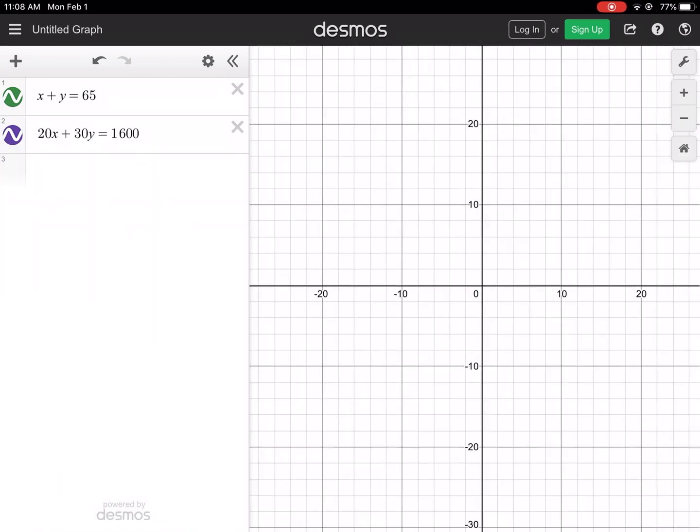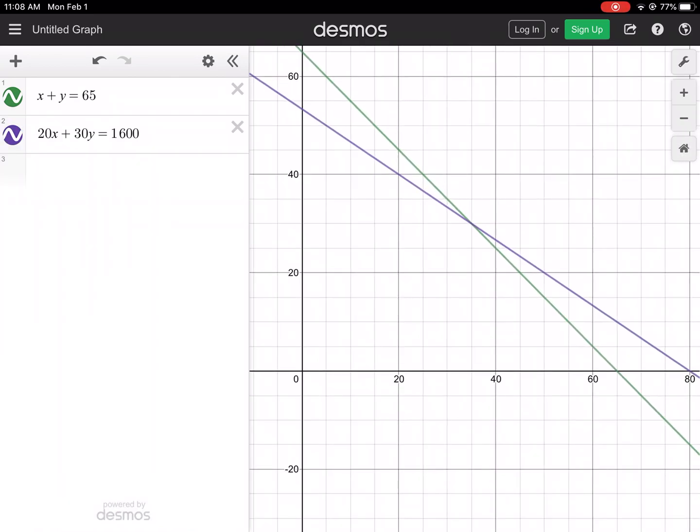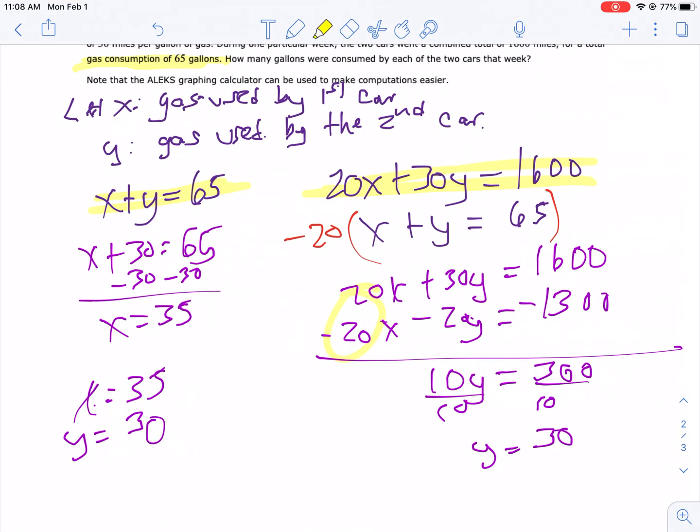And then I shrink my graph in so I can see where they cross. They cross at 35 and 30. 35 for the first car, 30 for the second car. So you could have done this either way on these problems.